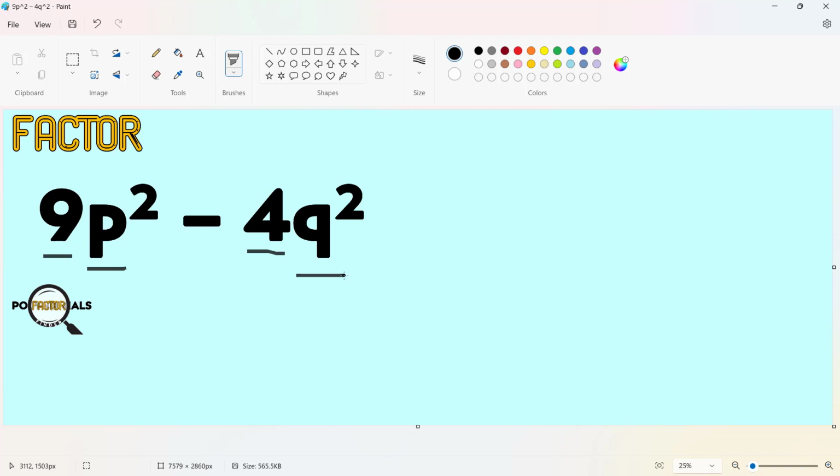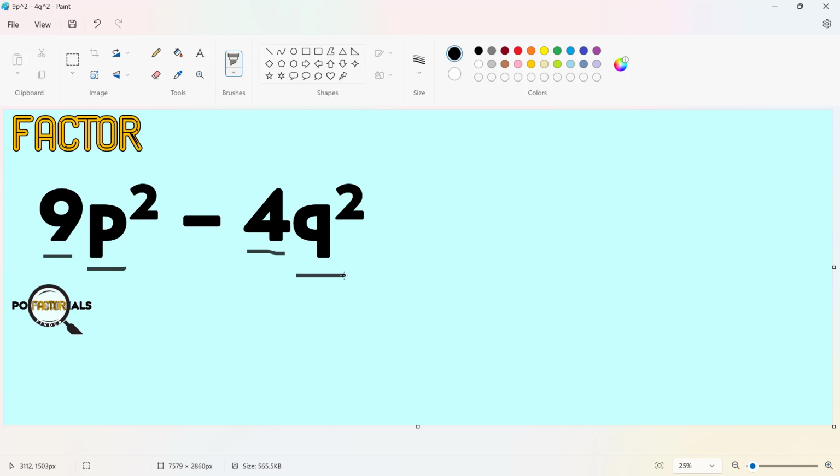If the exponents are divisible by 3, we're going to proceed with the cubes. But here, since the exponent of the first variable is 2 for p squared, and as well in q squared, that's 2. So this cannot be a difference of two cubes. Of course, this cannot be a sum of two cubes because it's minus in the middle. So let's proceed to the remaining one.